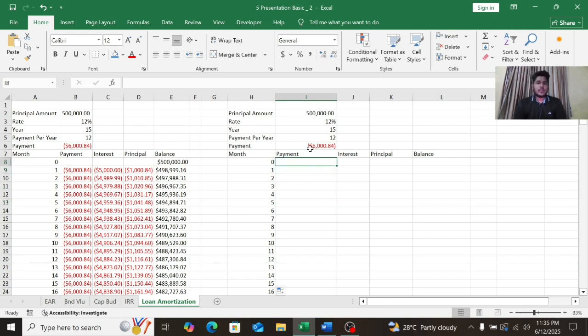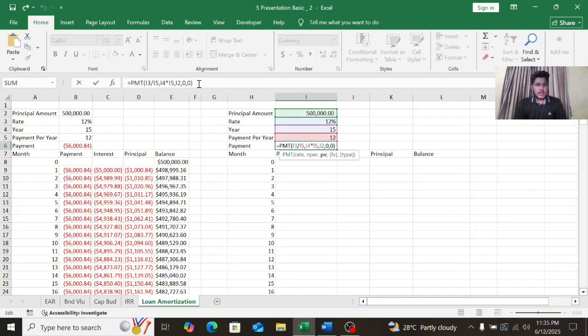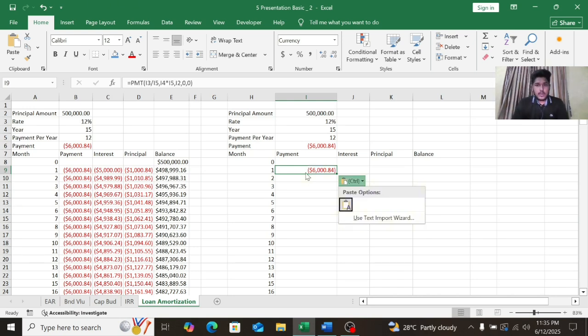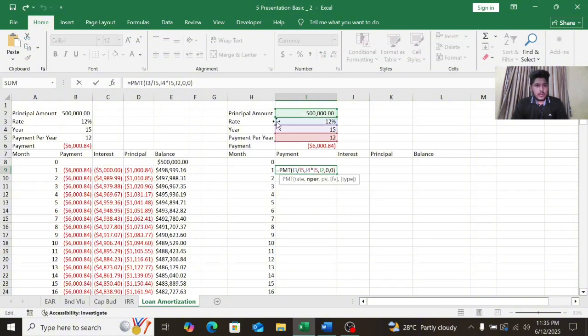As we know, the annuity payment is always the same, so as we have calculated earlier, we are going to copy this one and paste it here in number one, from when our payment starts.